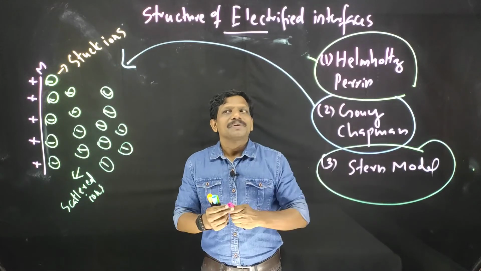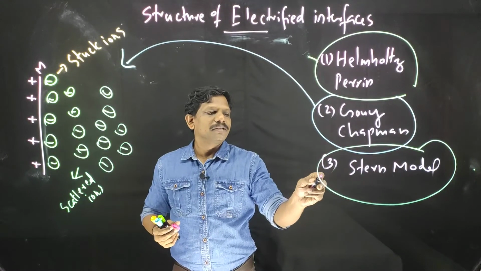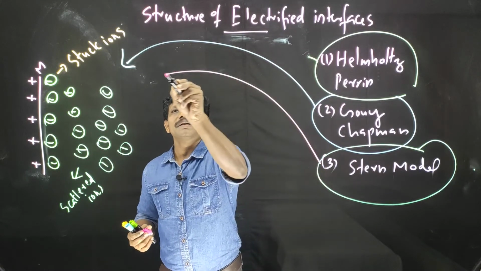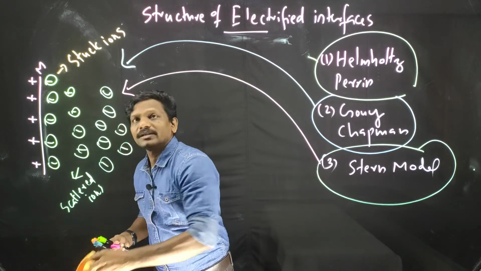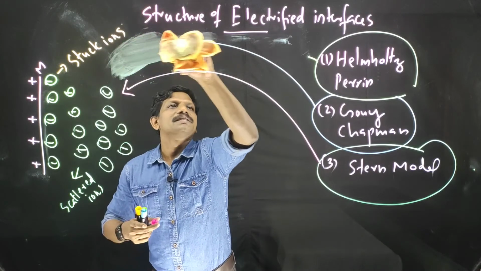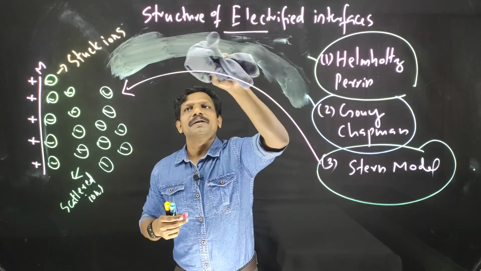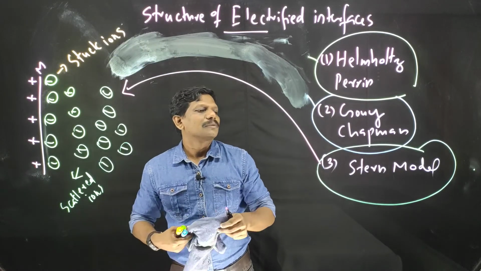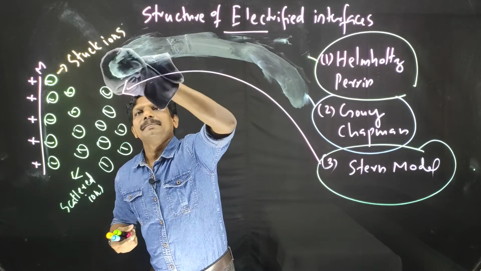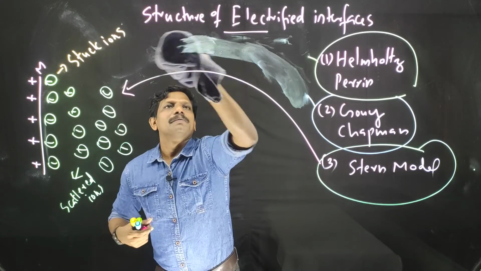So that is why I told you that this is a combination. I am explaining the Stern model now. The Stern model is the combination of this Helmholtz-Perrin and Gouy Chapman model. Okay.